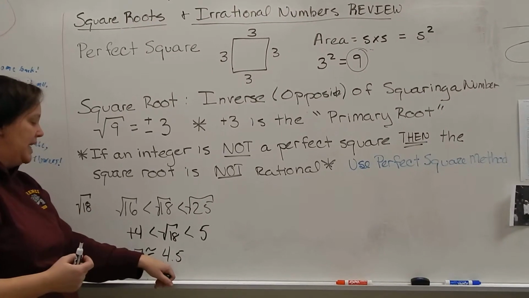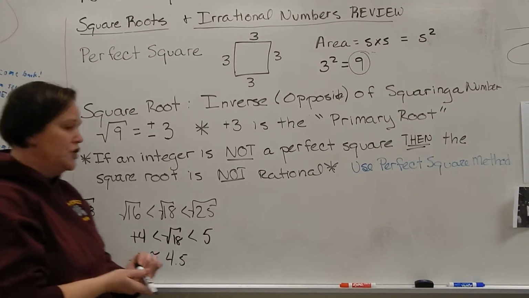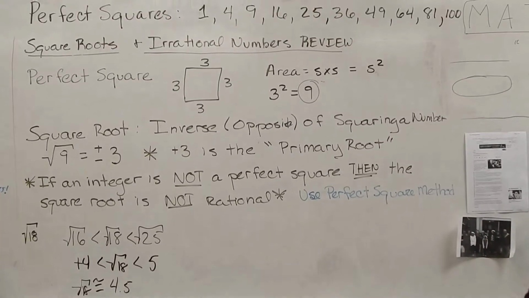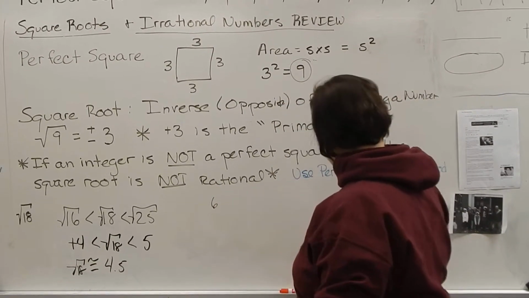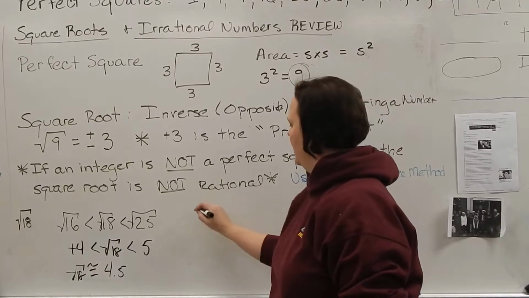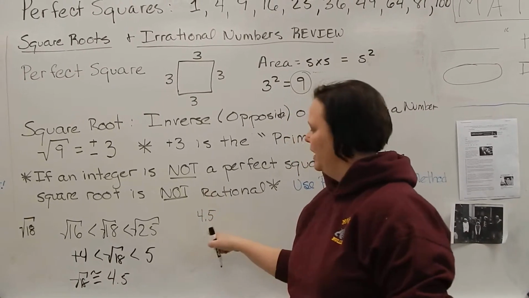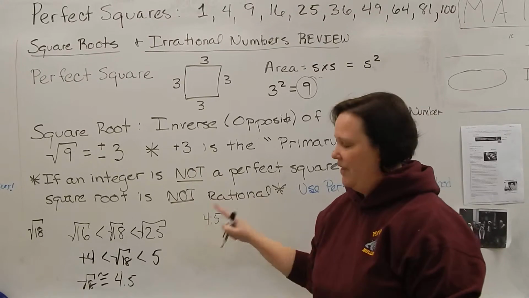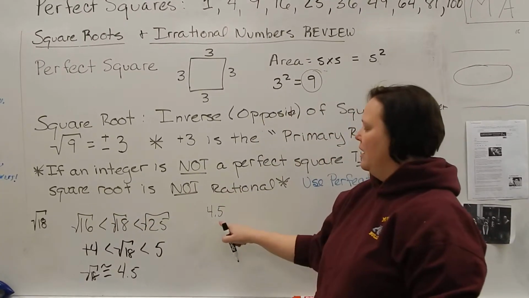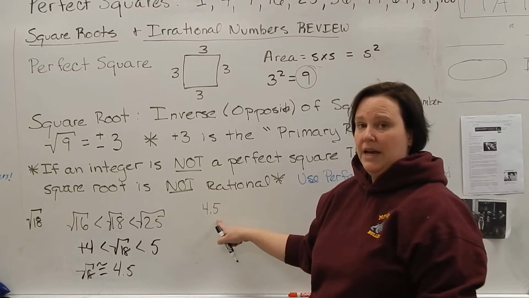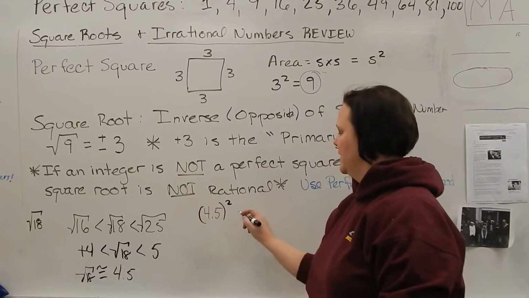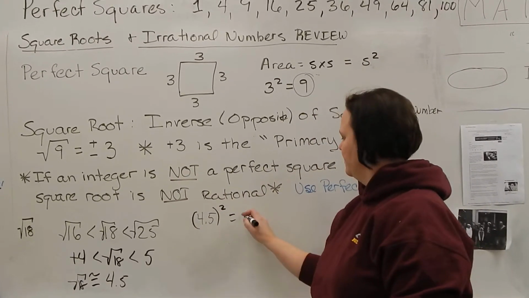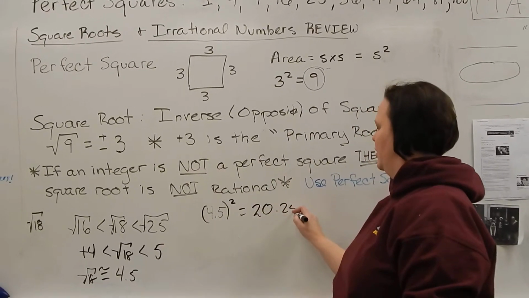And to do that, we take our first estimate, which is to the tenths spot, and we square it. So if it really was 4.5, if that really was the square root of 18, then when I squared that, I would get 18. So we square our first estimate, and when we do, that comes out as 20.25.